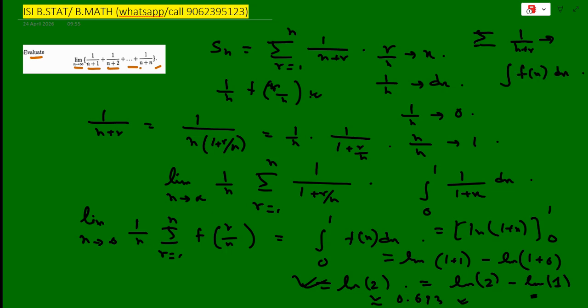And what was the substitution? X equal to r by n and dx equal to 1 by n. And always verify the upper limit of the sum to determine the upper limit of the integral. Okay, so we have just solved a beautiful question from the ISI BStat BMath entrance examination.